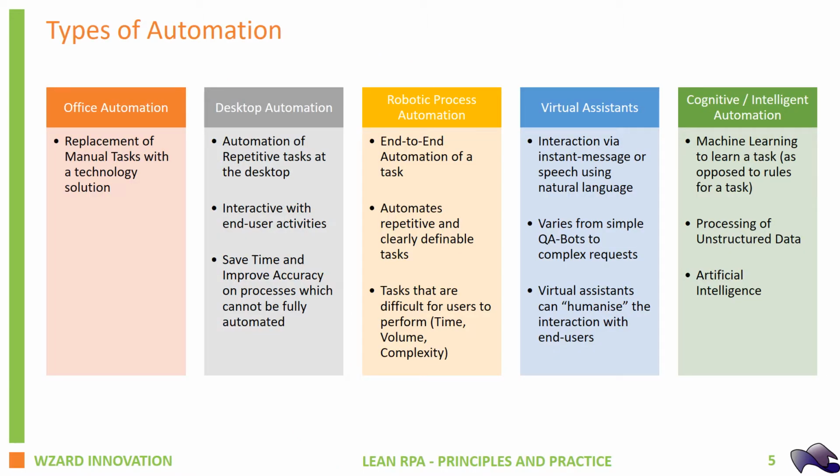I've used this framework many times to help create a common baseline and common understanding between stakeholders and everyone involved within an RPA implementation or pilot. In broad strokes, the types of automation to the left of this chart are simpler than the types of automation to the right of this chart. And it's interesting, when you first talk to people, their impression of what RPA is capable of actually tends to sit more to the right than to the left.